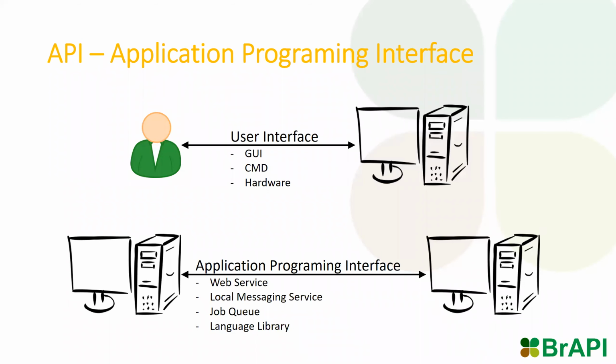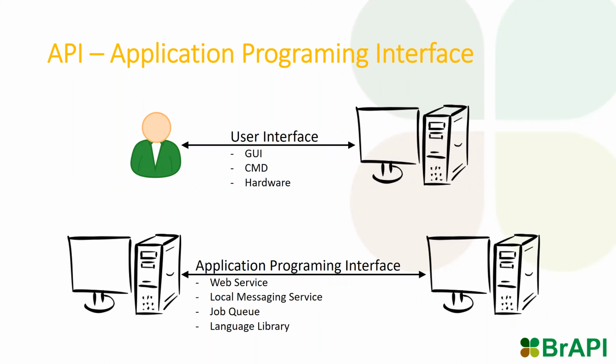So first up, what's an API? API stands for Application Programming Interface, and it's a way of controlling software. I think most of us are familiar with a user interface, or GUI.